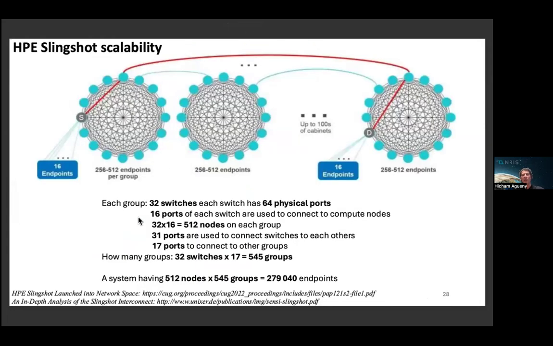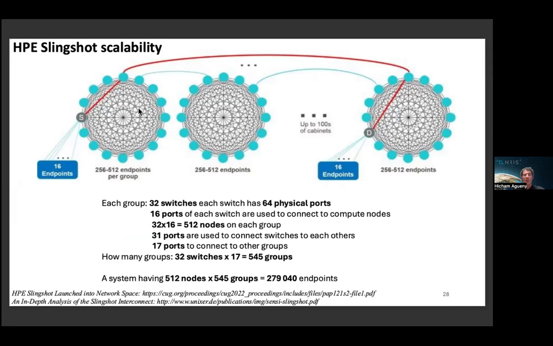This is a very simple example of building a system of 72 endpoints. This is a more complex scenario, building a system with 272,000 endpoints. Let's see how we arrive at this number.